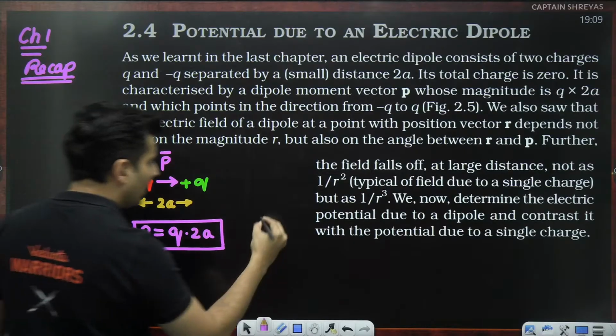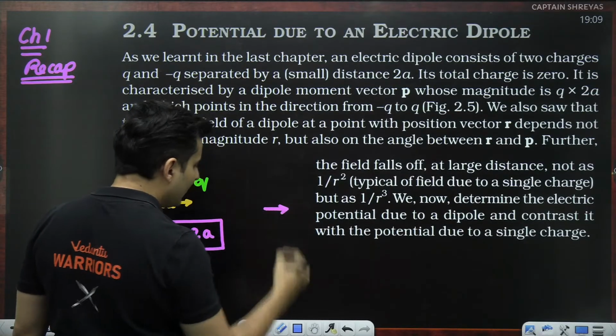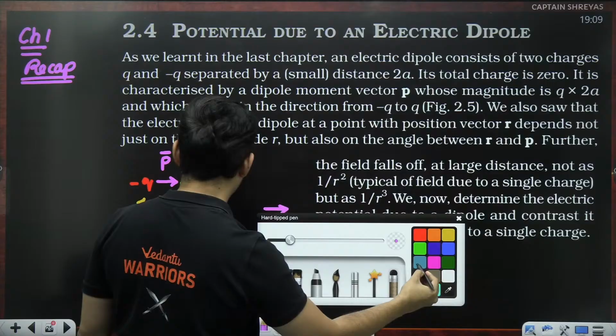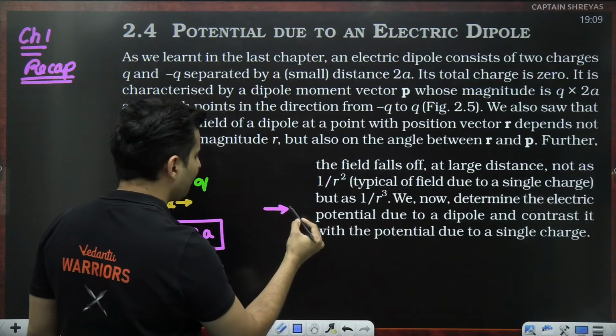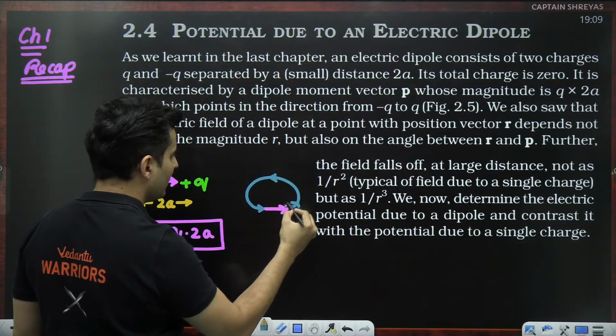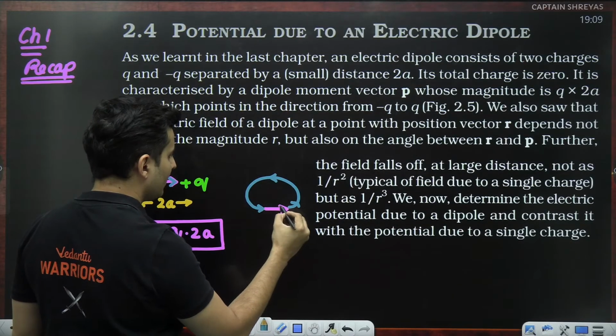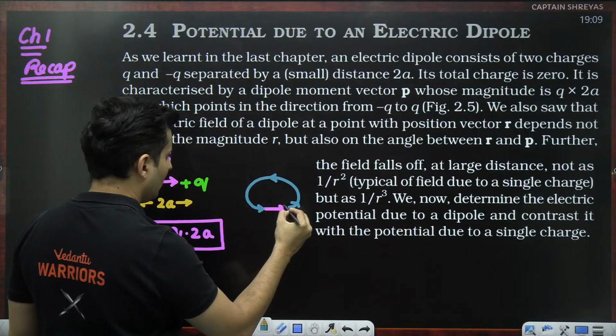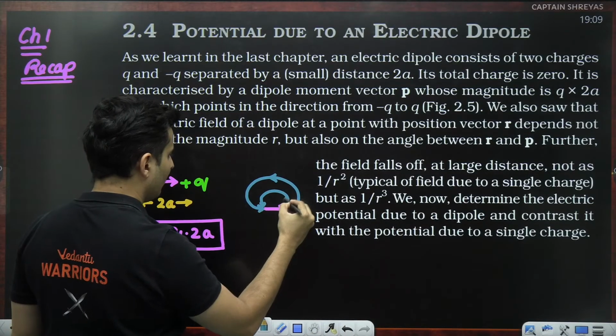And this particular dipole creates an electric field around it, something like this. We have discussed this before.